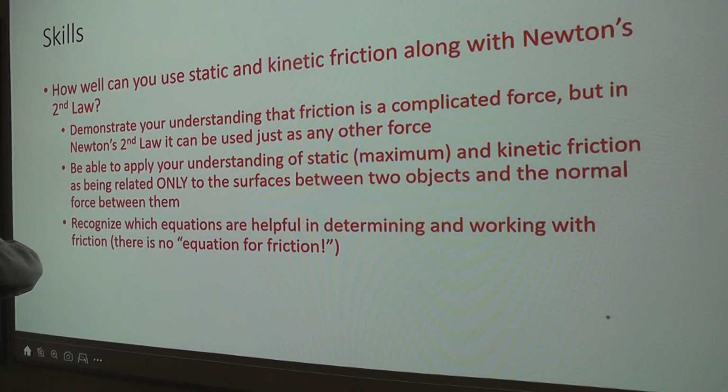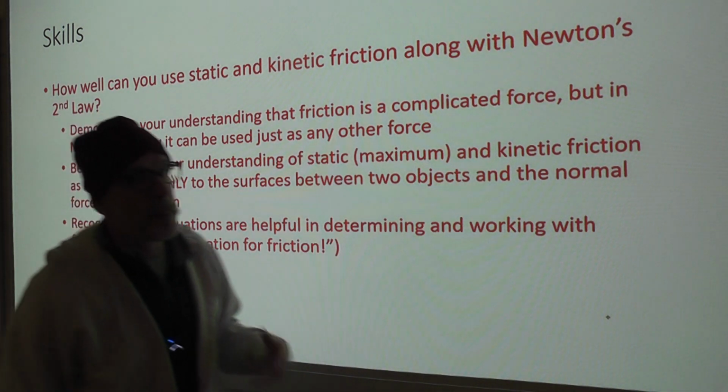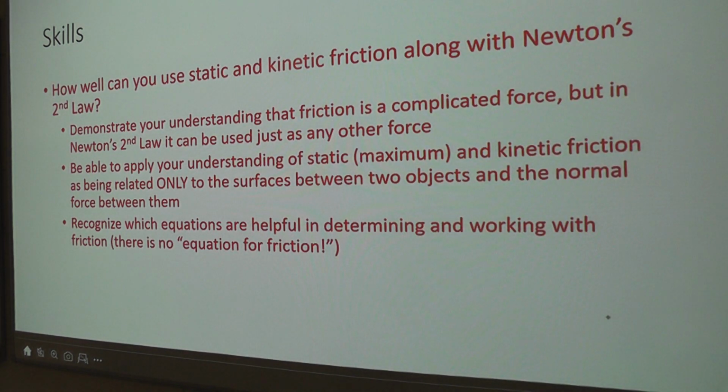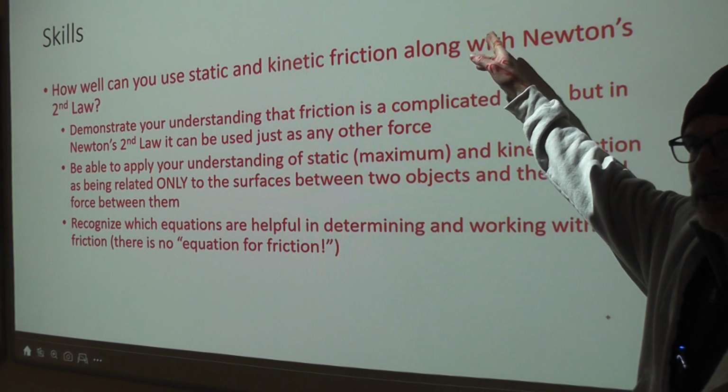How well can you use everything we've talked about with friction to make predictions involving Newton's second law? Determine unknown masses, or make predictions about what an object's acceleration will be. Those are the kinds of things we're going to be doing. And if you break that down, what are the sorts of things you can do when you can do this well?